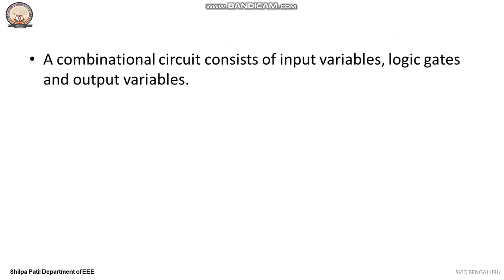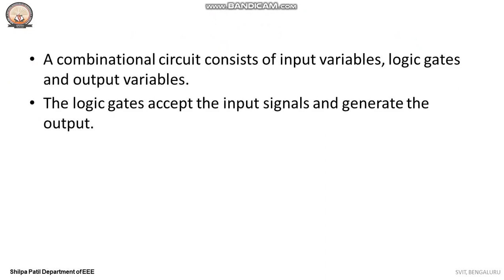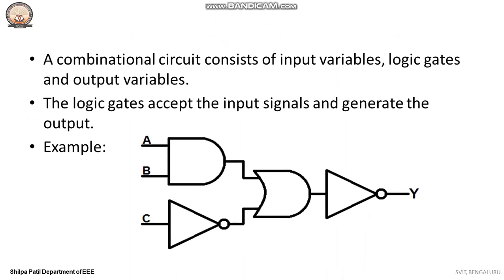Whenever you give an input to the logic gates, the logic gates will accept the input signals and generate an output with respect to the present input. You can take any example of a combinational circuit. Here I have taken just a simple example for the combinational logic circuit. So this is about a combinational logic circuit.